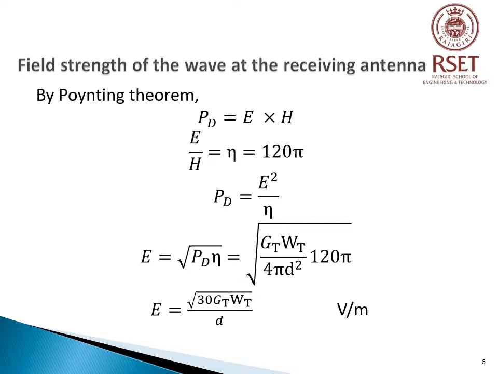And from the previous slides, we can write PD as GTWT by 4 pi d square. Therefore, we can simplify, and finally we get the expression for E as square root of 30 GTWT divided by D volts per meter. This is the fundamental equation which gives the field strength at the receiving antenna for free space propagation conditions.